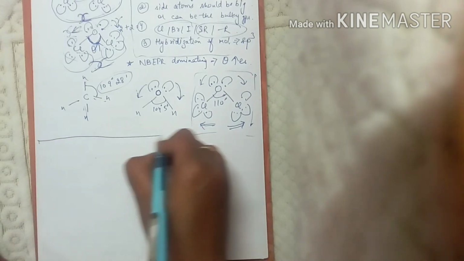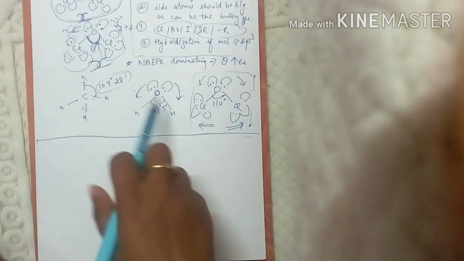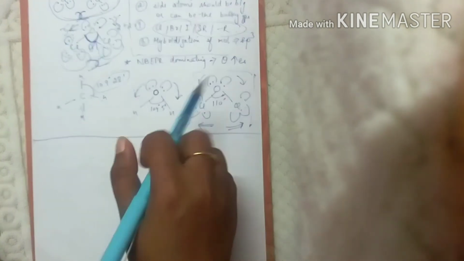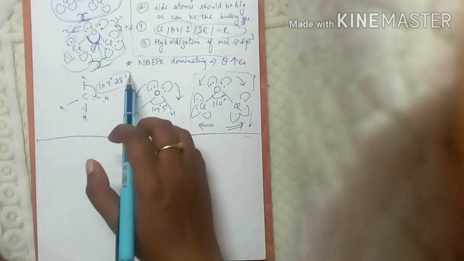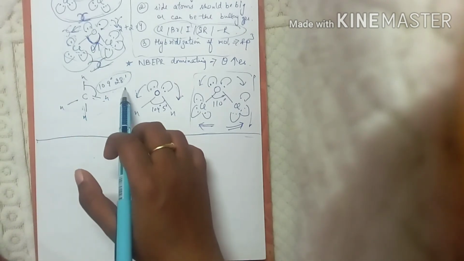So I hope this is clear now. With this comparison, I'll repeat once again. In the case of CH4, there was no repulsion, so the ideal angle was 109 degrees 28 minutes.